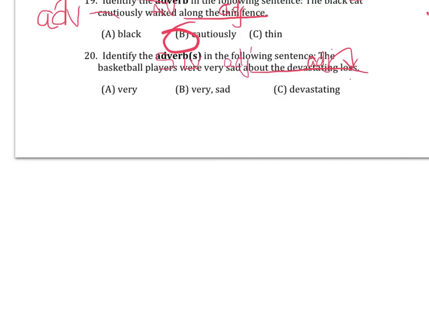It's an adjective describing sad players, describing the noun players. Same with basketball, an adjective describing the noun players. So where's my adverb? Well, how sad are they? Very sad. Remember, adverbs can describe adjectives. How sad? Very sad. Here's an adverb describing an adjective. Very is always an adverb.